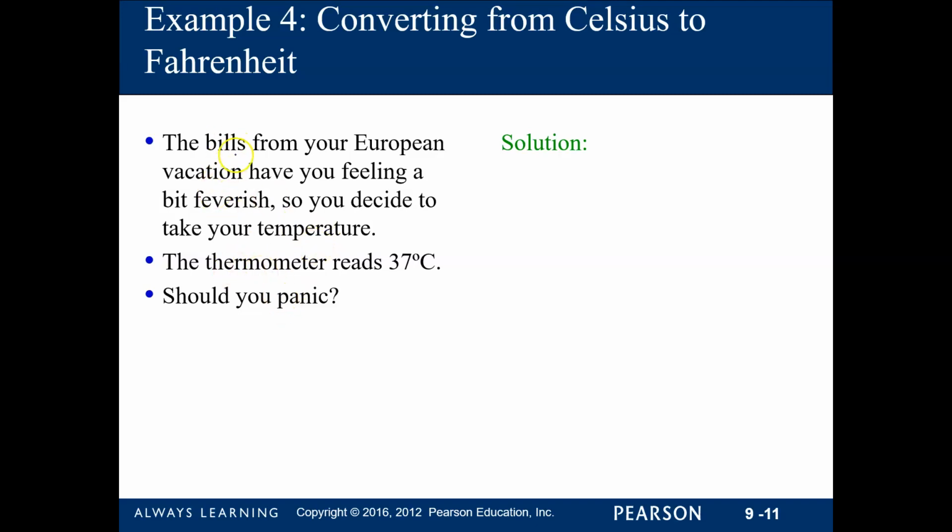So let's have this example. You're on a European vacation, you're feeling a little bit feverish, the temperature reads 37 degrees Celsius. So are you sick or not? Should you panic? What you are given is a measurement in Celsius. So we use the formula that says F is equal to, because we need the Fahrenheit measurement. What we do is we multiply 9/5 to the measurement in C, and then we add 32 in the end.